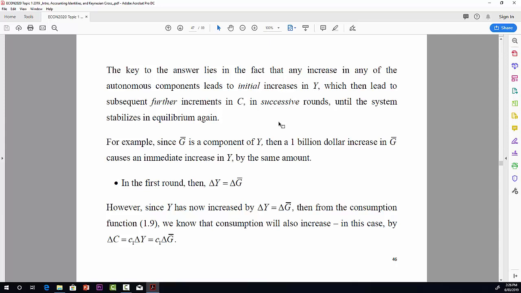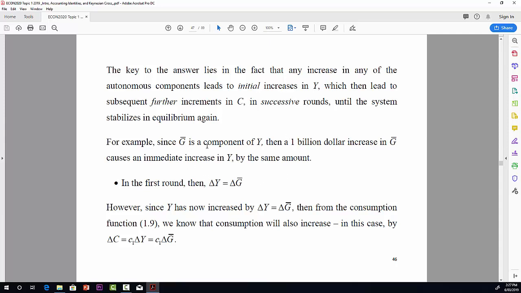So as y goes up, c goes up. But c is also a component of aggregate expenditure, so as c goes up, y goes up again. And as y goes up again, c goes up again. We go through these successive rounds. So an initial increase in g has an initial impact, but then that causes a ripple effect of subsequent rounds of consumption. Now let's walk through this mathematically.